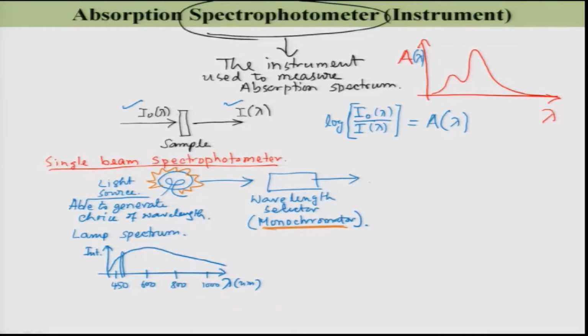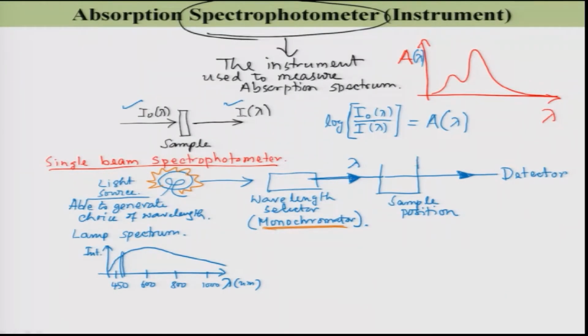That means you need to measure the intensity of this light. So, this is my sample position, and I incident this light of the particular lambda of your choice and pass it through, and here is my detector, which detects the intensity of this light.